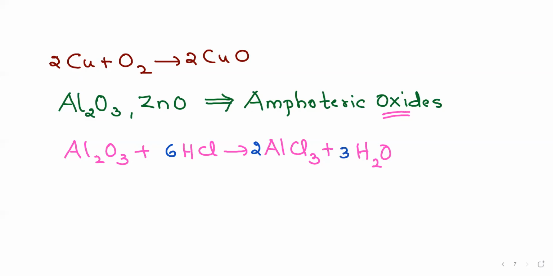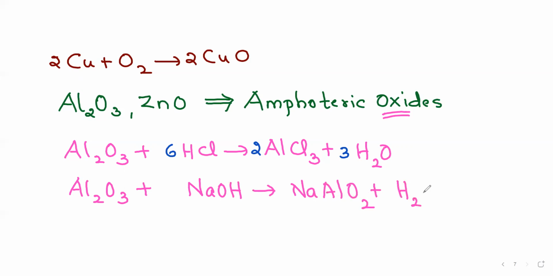But surprisingly, Al2O3 will react with NaOH also. That means a base also, to give the salt NaAlO2 plus H2O. So what is seen is that there are certain oxides which will react with both acid as well as base to give us salt and water.